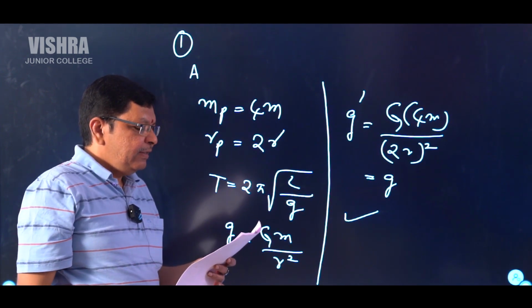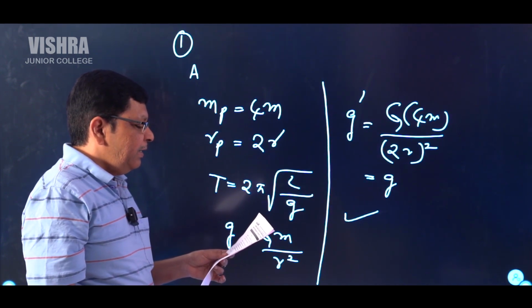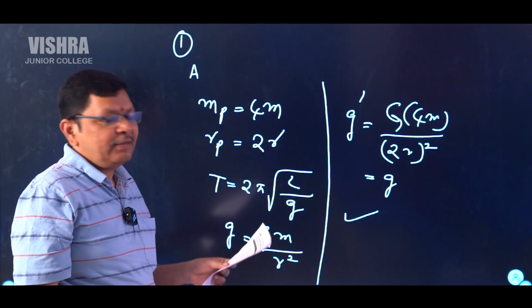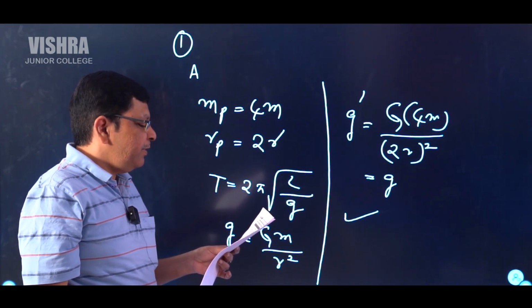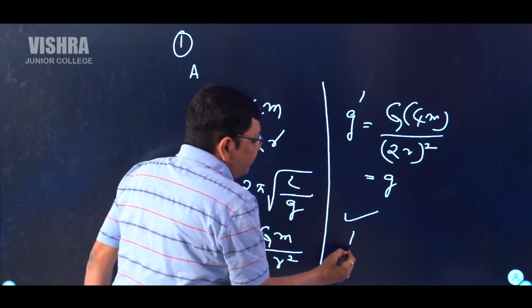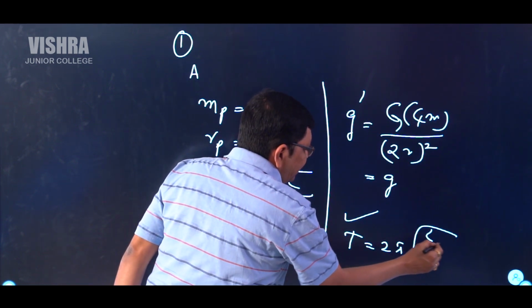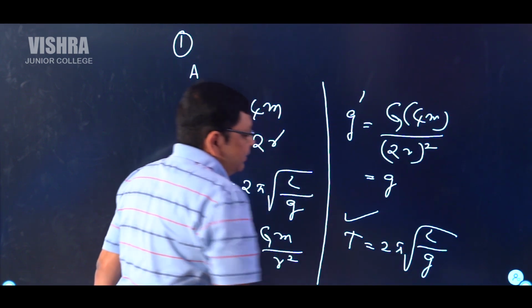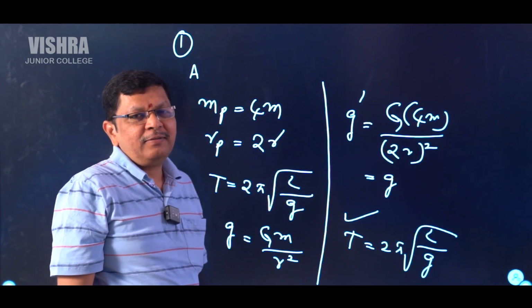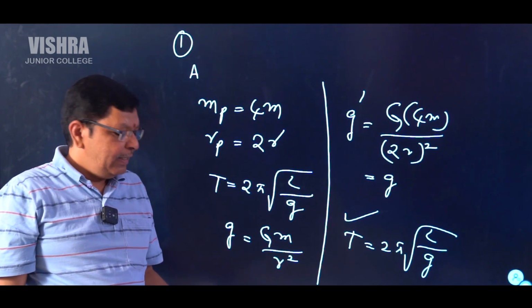Let me go for the reason. The reason is: the time period of a simple pendulum is constant on Earth and on any other planet. Here, the time period of the simple pendulum being constant on Earth, we can't say that, because the time period is 2π under root of L by g, and g can vary depending on the rotation of Earth, latitude and altitude.